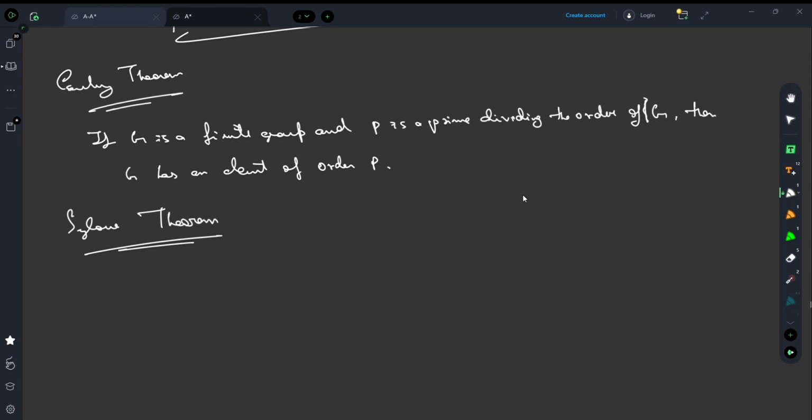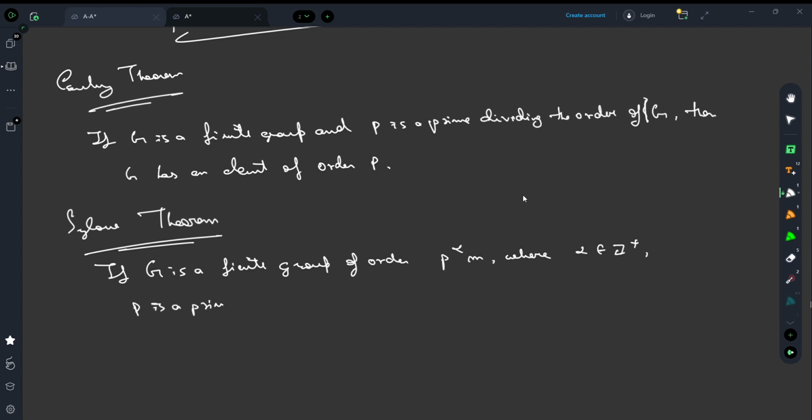The Sylow theorem says that if G is a finite group of order p to the power alpha m, where alpha is a positive integer, and p is a prime not dividing m, then G has a subgroup of order p to the power alpha.